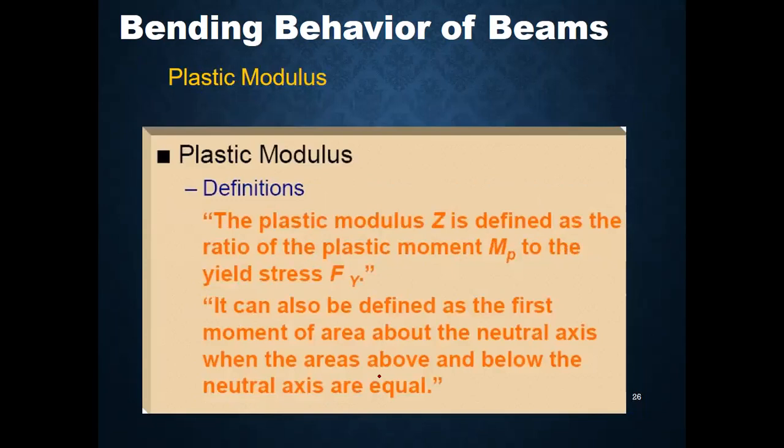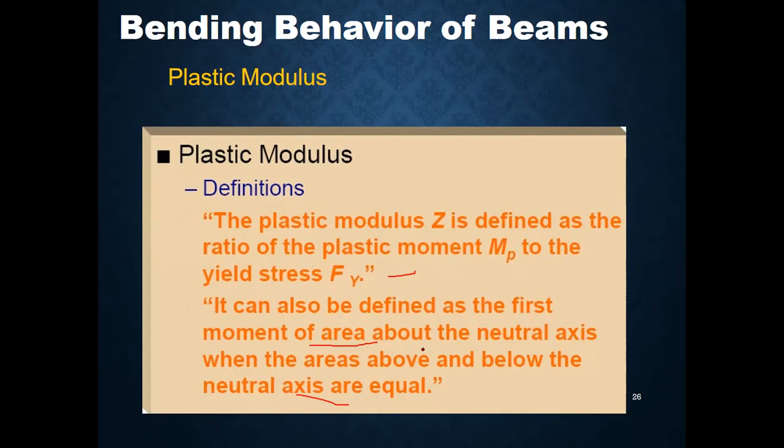Well, the plastic modulus is defined as the ratio of the plastic moment to the yield stress of a member. We can also define it as the first moment of area about the neutral axis when the areas above and below the neutral axis are equal.